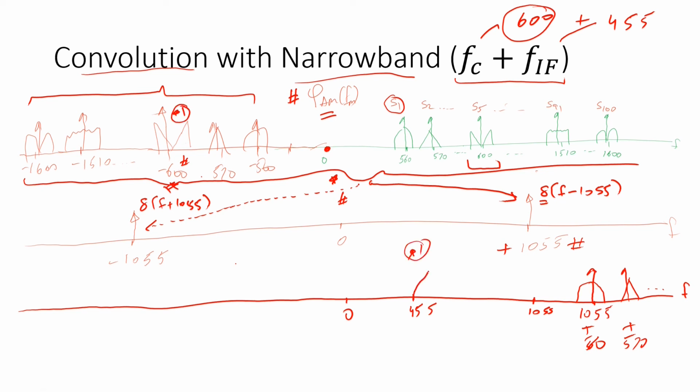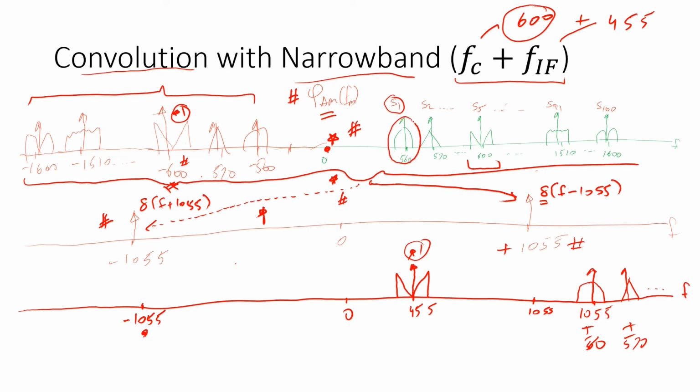That is, we would have this station with the spike. Similarly, following this dotted line, now all of this spectrum would be shifted to the delta function, which is at delta of f plus 1055. So at minus 1055 kilohertz, we would have this 0.